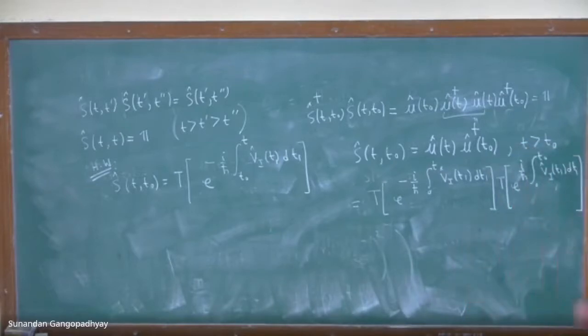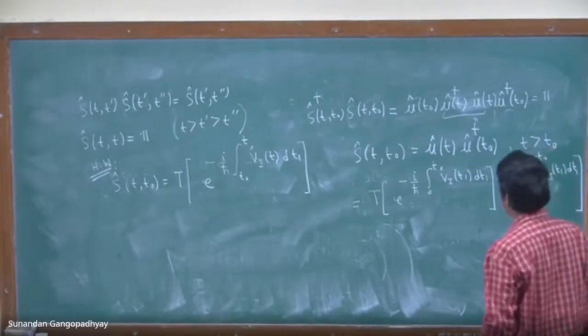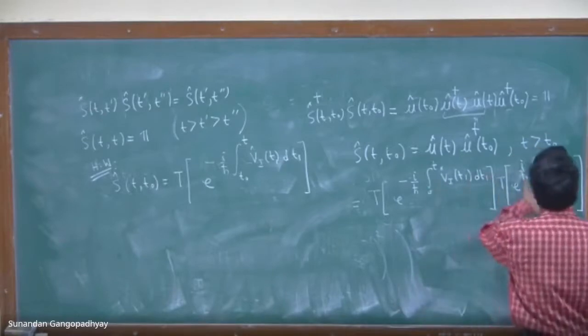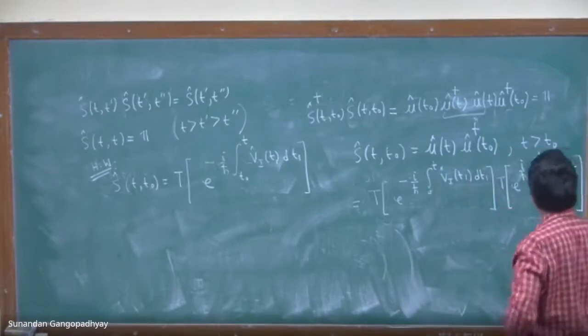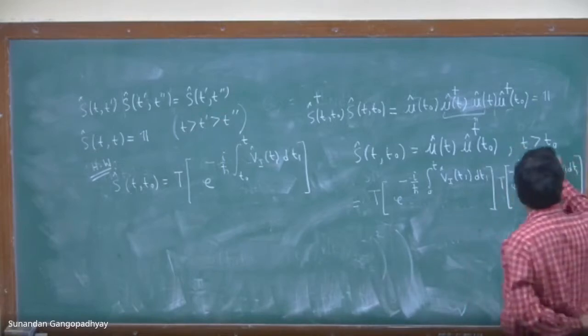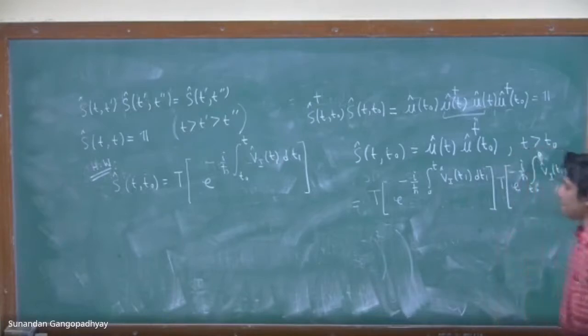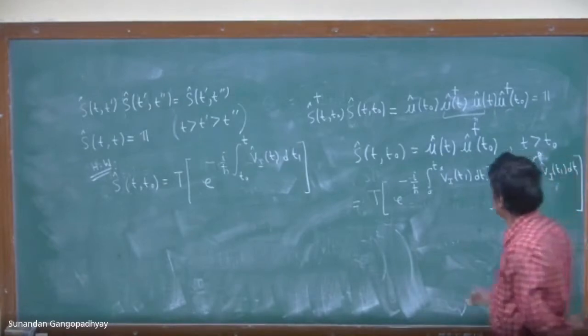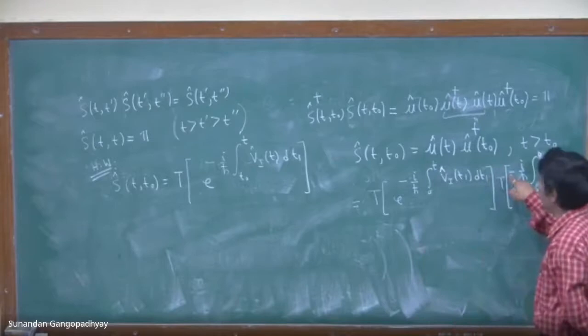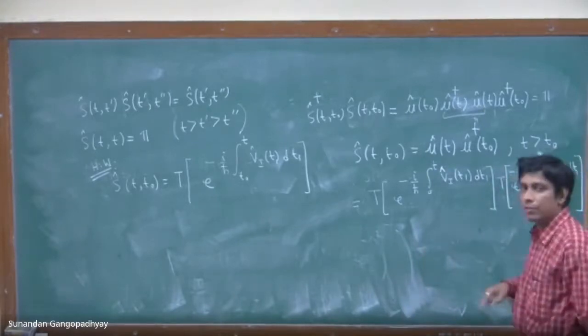This is 0 to t and this is 0 to t naught. But this we can write by just putting a minus sign on top. We can change the integration from t naught to 0. We have just changed the plus sign to a minus sign and changed it from t naught to 0. That is fine.